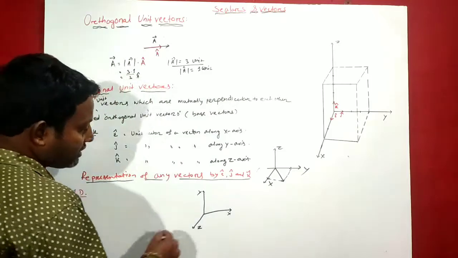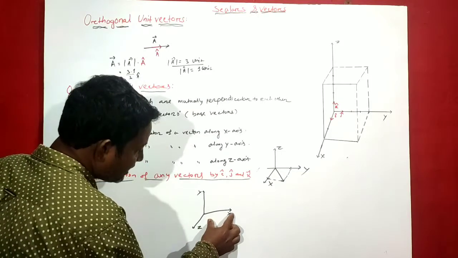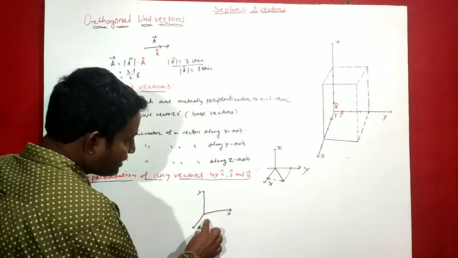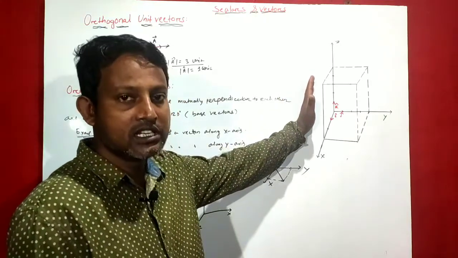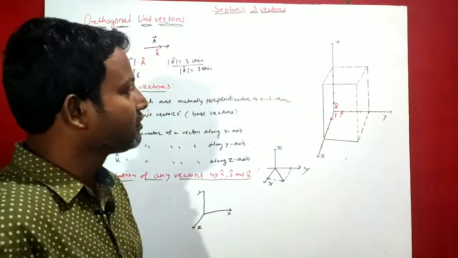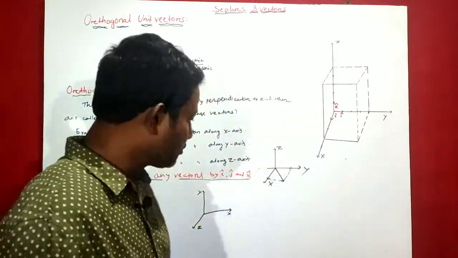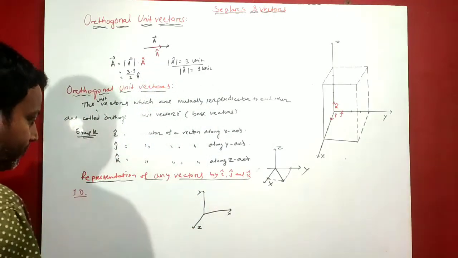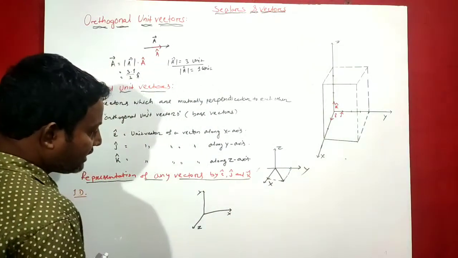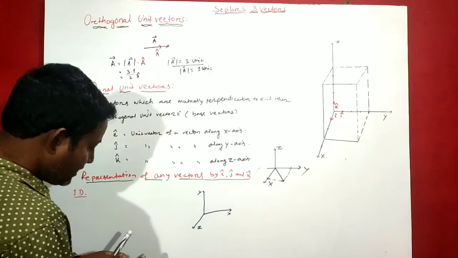So for your convenience, I give here this is x axis, this is y axis, this is z axis. Do not confuse with this figure, please. Next I will discuss, so don't confuse with this figure. Please look here. Let this be the x axis.